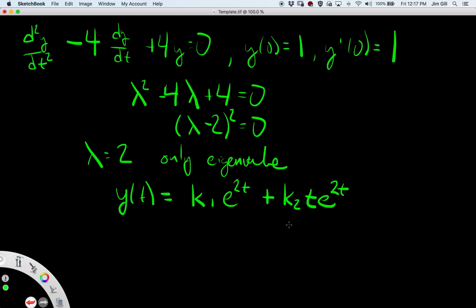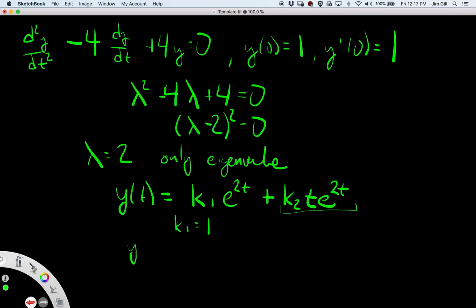Recall, when you have only one eigenvalue, a repeated eigenvalue, you have this t times e to the lambda t term as well that you have to deal with. Now, at time 0, y is equal to 1. Note that this part is equal to 0 at time 0 automatically, so that immediately gives us that k1 is equal to 1.